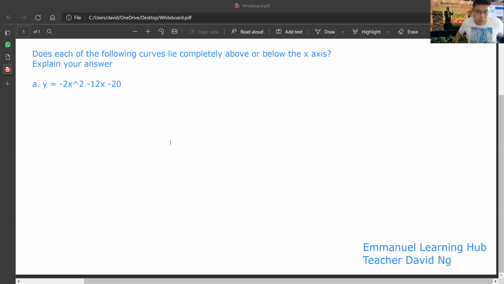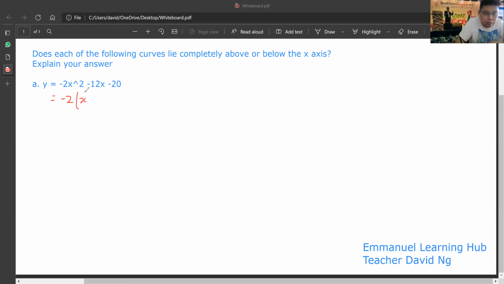This one, how to do? Does each of the following curves lie completely above or below the x-axis? What must you do? I think we find the minimum turning point. You complete the square first.